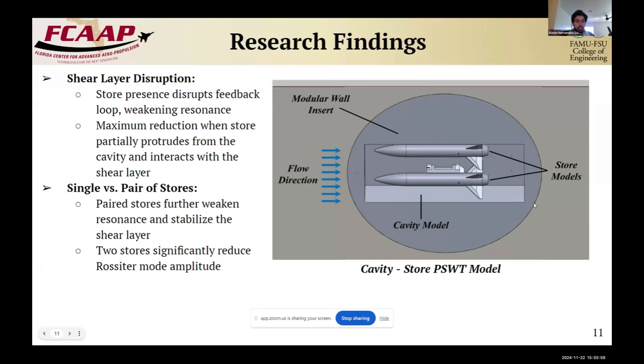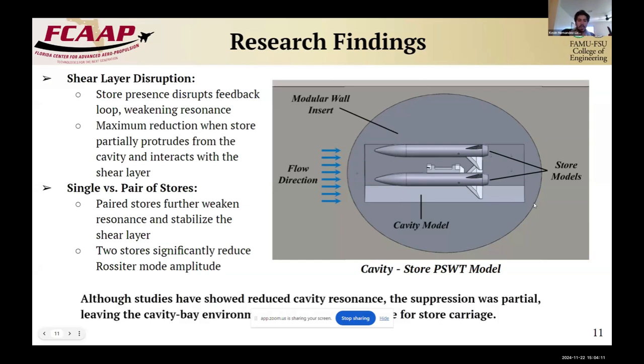And it was found that the two stores implemented reduce those peak tones, the amplitudes, by a significant amount. However, even though these studies have shown reduced cavity resonance, the suppression was only partial, leaving this environment still somewhat unsafe for the stores that need to be released.